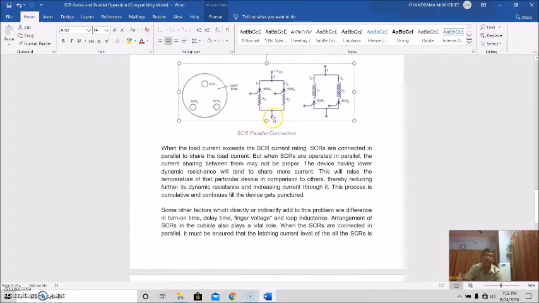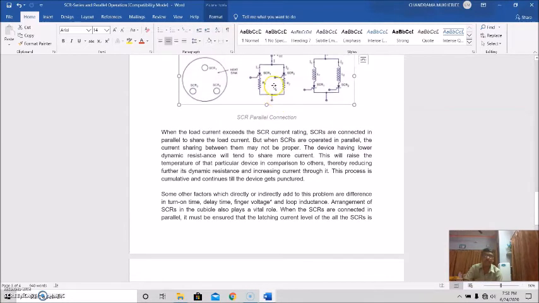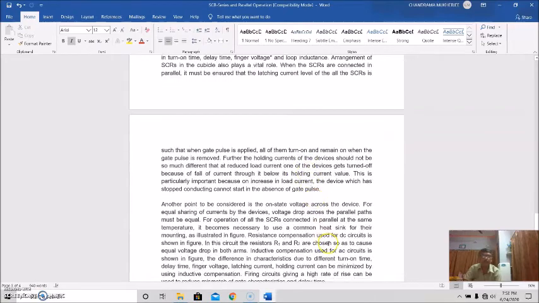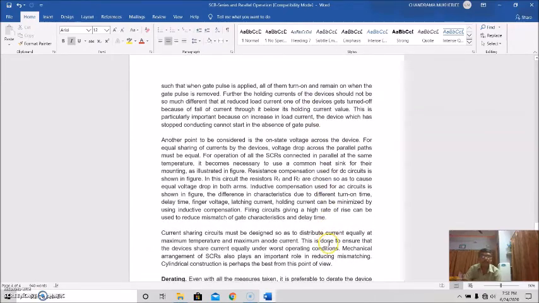So these values will be so chosen that the equal voltage drop will happen. This is for resistance compensation for these two SCRs.